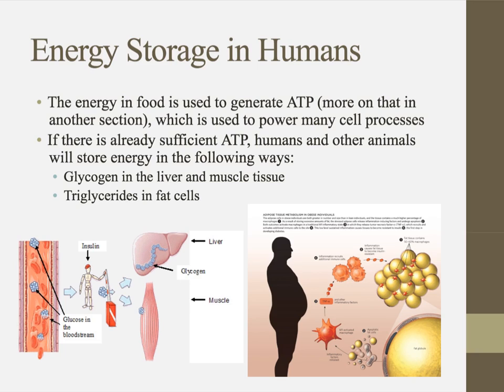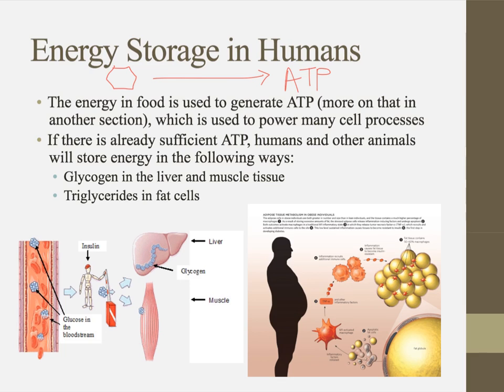Okay, so just to recap, the energy in your food, I'm talking about glucose. We use glucose to generate ATP. If we're already good on ATP and we don't need any more, we're going to have a lot of extra glucose molecules.